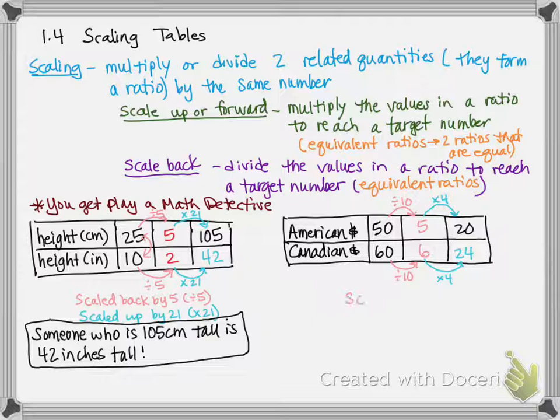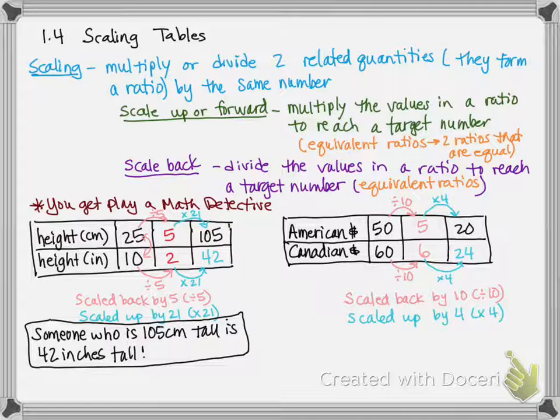We scaled back by 10. So we divided by 10. And then we scaled up by 4, and that meant we multiplied by 4.